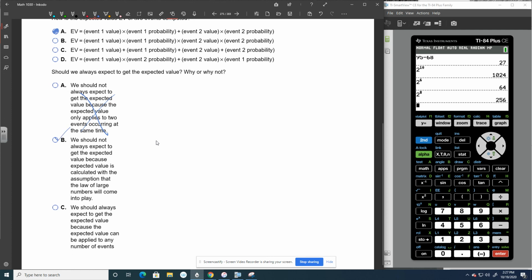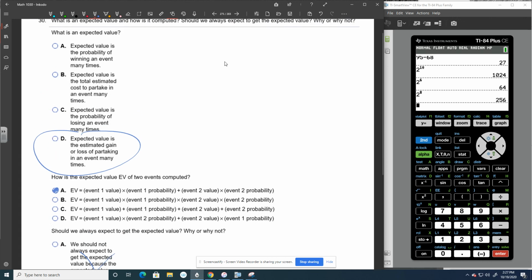This is not always going to happen, but if we do this over and over and over again, then you can expect that outcome, but not just for doing it once.